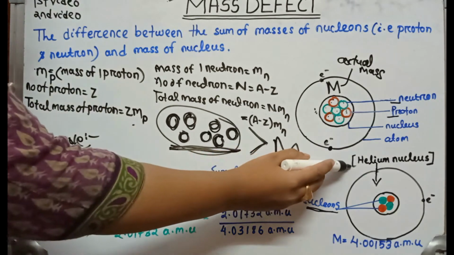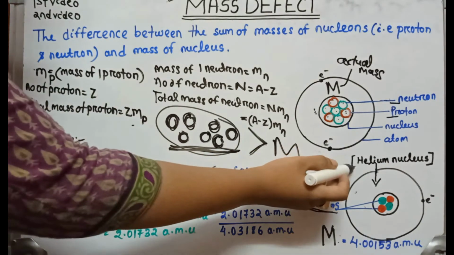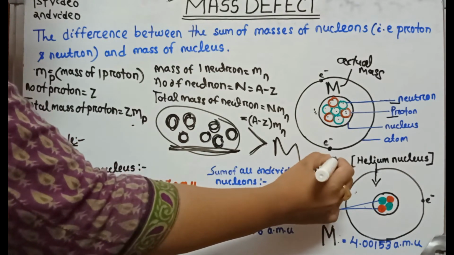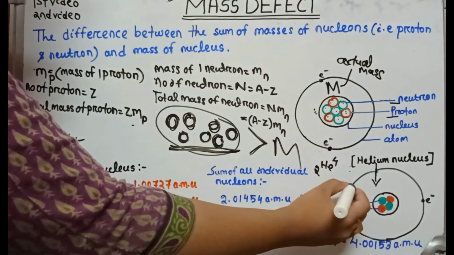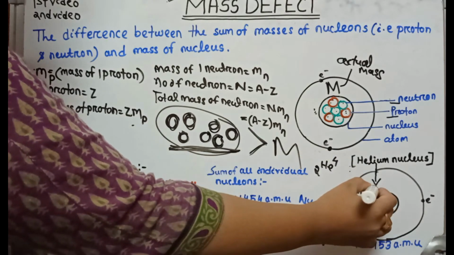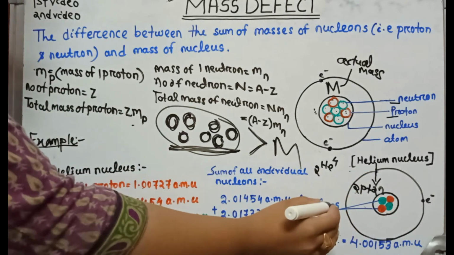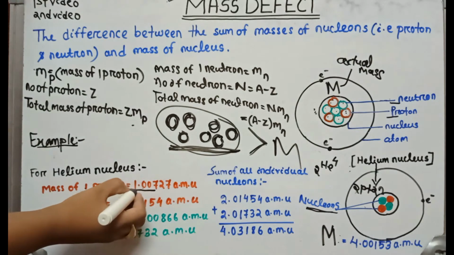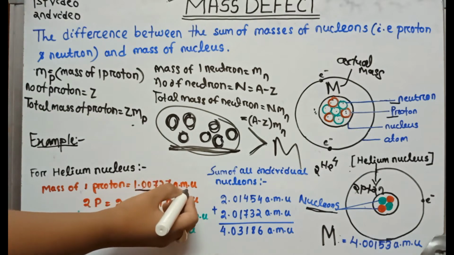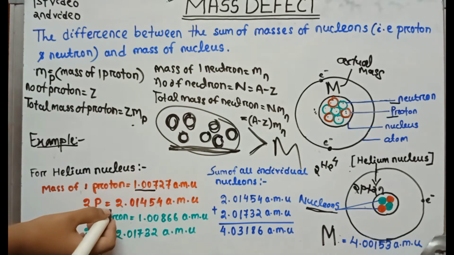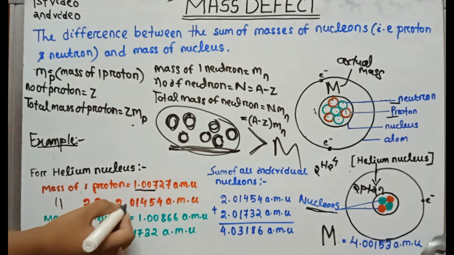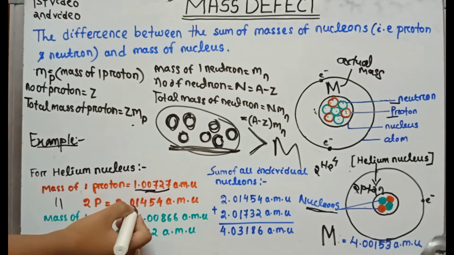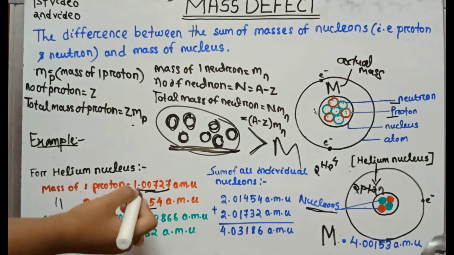Take the helium nucleus, that is 2He4. That means it has 2 protons and 2 neutrons. See here students, if one proton has a mass of 1.00727 AMU, then the mass of 2 protons is 2 times this value, that is 2.01454 AMU.